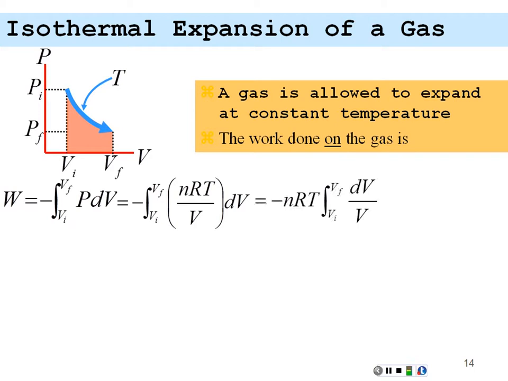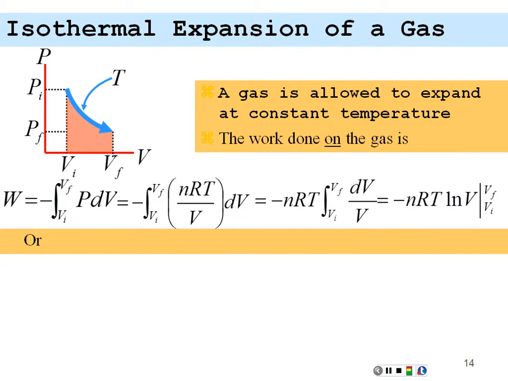So we're going to take those out of the integral, and we have that the work is equal to negative n times R times T, and now we have the integral from the initial to the final volume of dV over V. You know what that integral is. It's the natural logarithm of V, evaluated from initial to final volume.